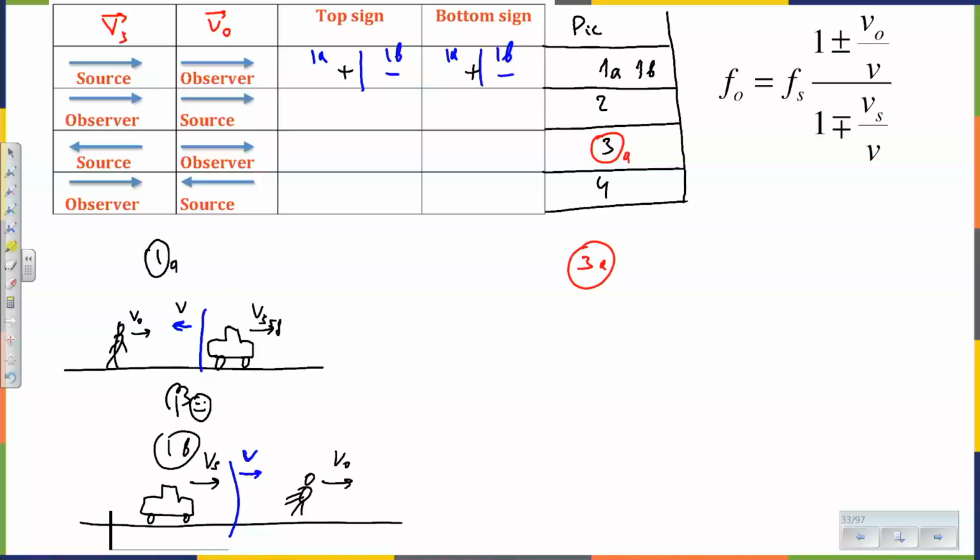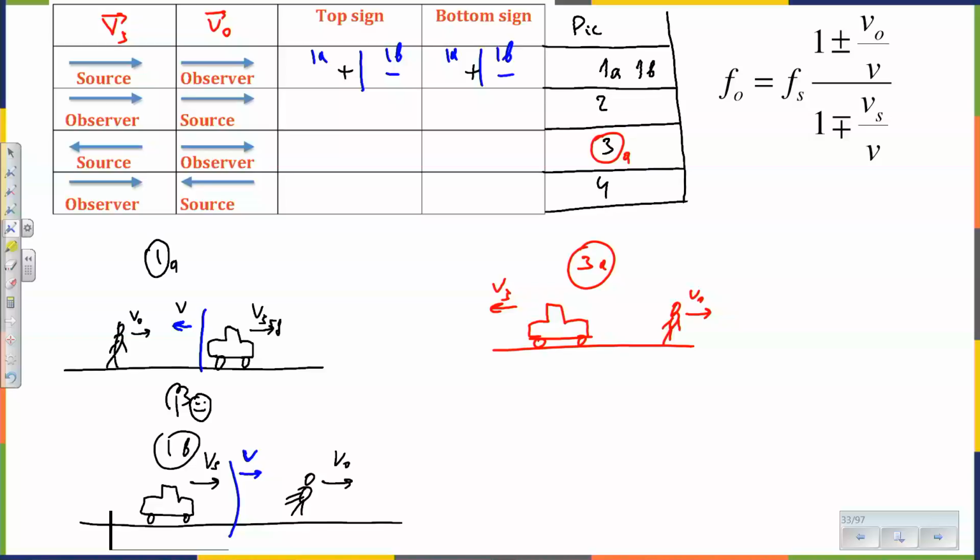You can practice at home. So that's the source, that's an observer. An observer runs to the right, and the source travels to the left. Now, of course, only those wave fronts which hit an observer matter.